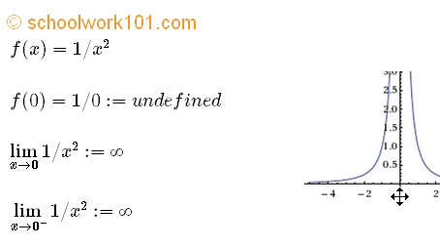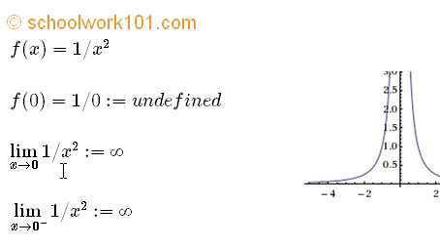Now as you can see over here, I've got it graphed out, and we can see what's going on. It's going to infinity coming in from the left and from the right. In the previous problem, you'll notice that we took the limit as x approached 0, and that did not exist.